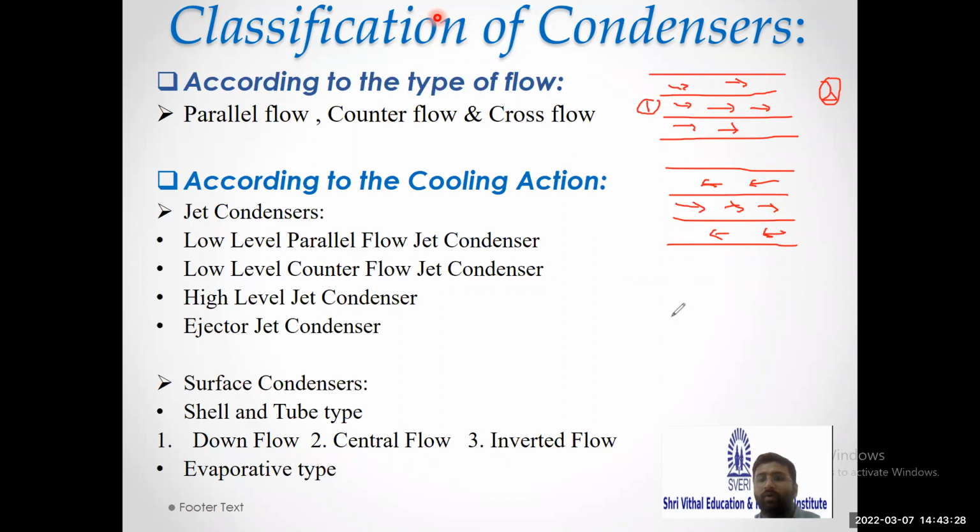And third is cross flow. Cross flow is like this. So there is a fluid which is flowing in forward direction, and there is, let us say, air which passes in cross direction. Not through these pipes, but on the surroundings of the pipes. This is a cross flow arrangement.